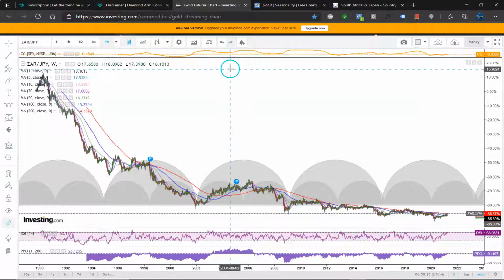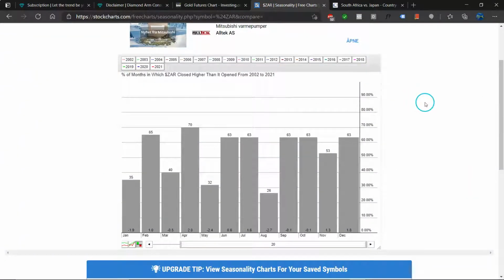If we go here to, well, let's first look at the seasonality, because we do not get the seasonality for this pair as such. We are however able to get the seasonality for the South African rand currency index.